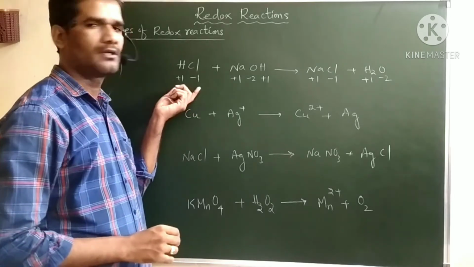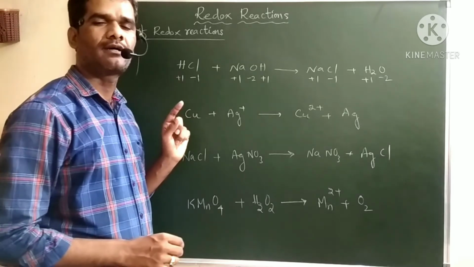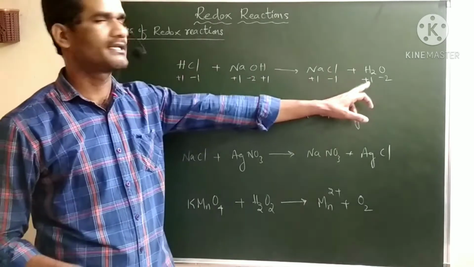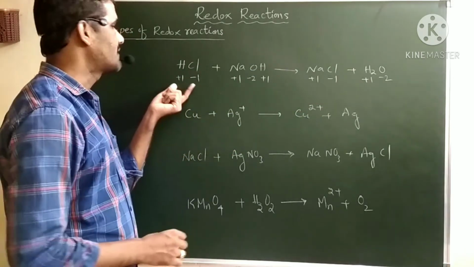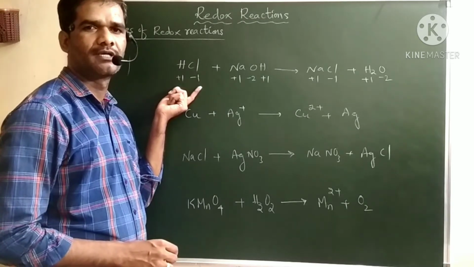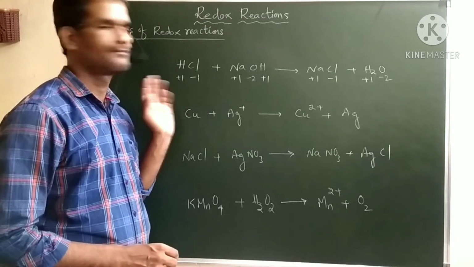These are the oxidation states of the elements. Now you find out whether any compound is undergoing a change in oxidation state or not. In HCl, the hydrogen oxidation state is constant and the chlorine oxidation state is also constant. So in HCl there is no change in oxidation state, meaning HCl is neither undergoing oxidation nor reduction.